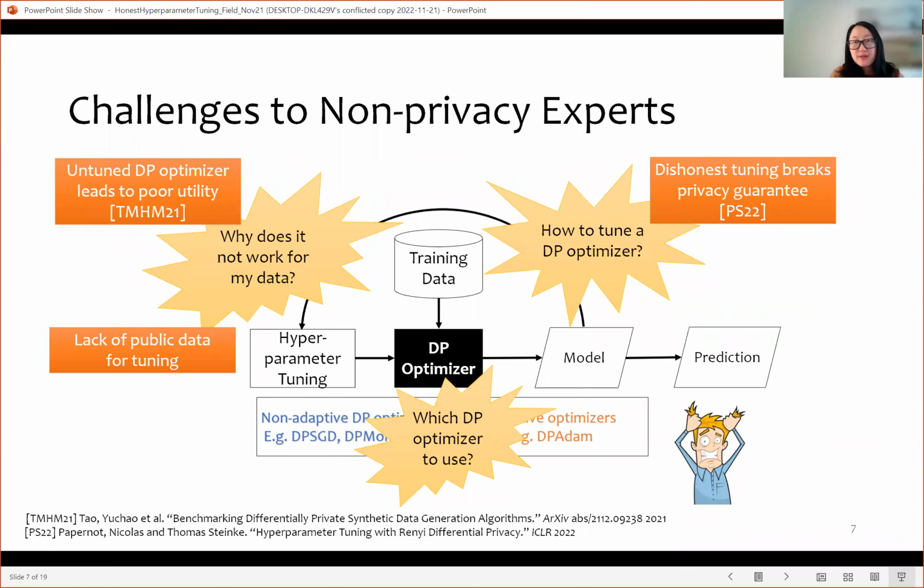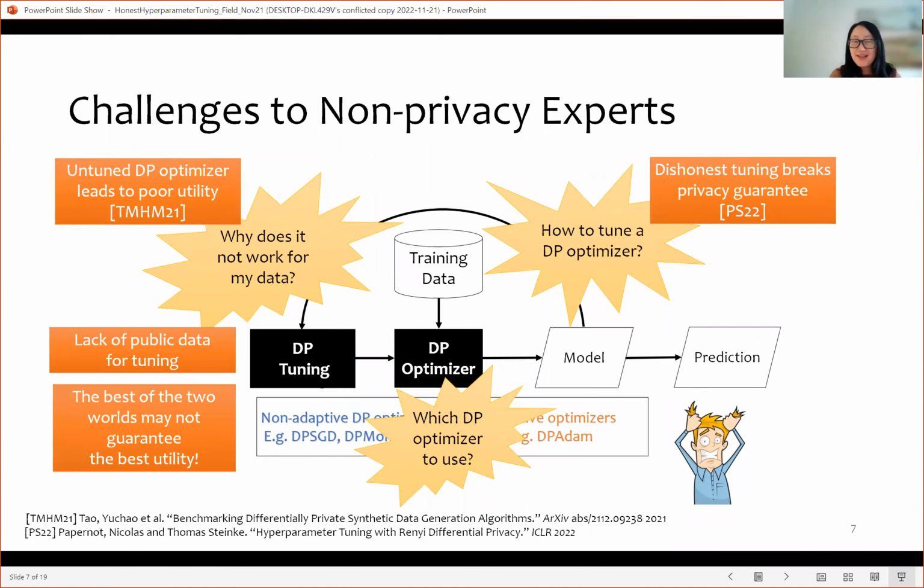Something nice about the literature in differential privacy is that there are also very nice algorithms designed for differentially private tuning of optimizers. However, that work does not consider a particular differentially private optimizer. So these two problems, differentially private tuning and differentially private optimizers, are usually studied separately, right? If we take the best algorithm for each of these components and put them together, they do not always guarantee the best utility.